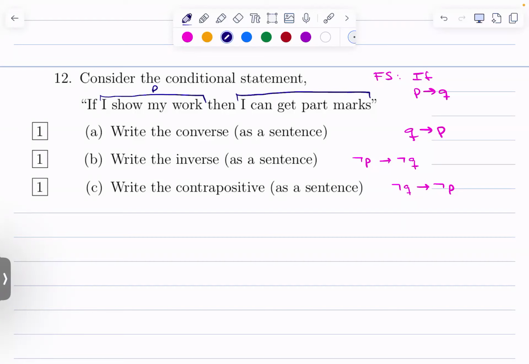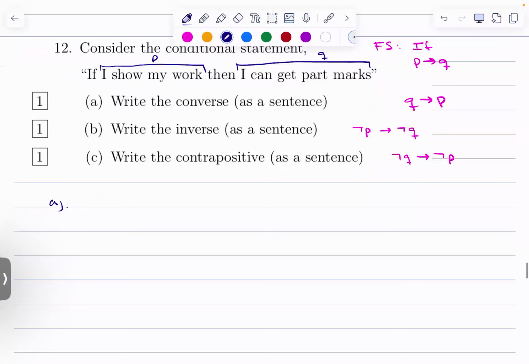I can get part marks can be Q. Now it's a matter of mapping these statements into the converse, which is this one. If Q, then P. If I get part marks, then I showed my work.